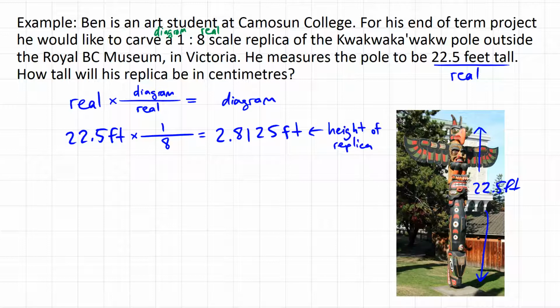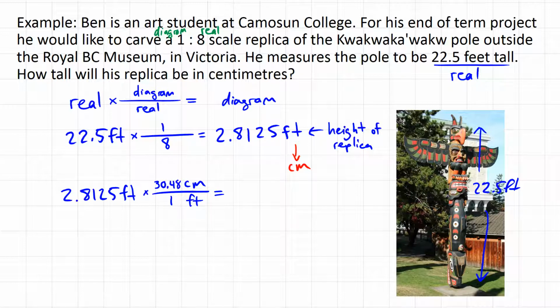But this is the height in feet, and Ben needs to know how high it is in centimeters. So we're going to have to turn this into centimeters. Luckily, that's a one-step unit conversion. If we go to our table, we have a feet to centimeter relationship. So 2.8125 feet times, from feet into centimeters, for every 1 foot we're told there's about 30.48 centimeters.